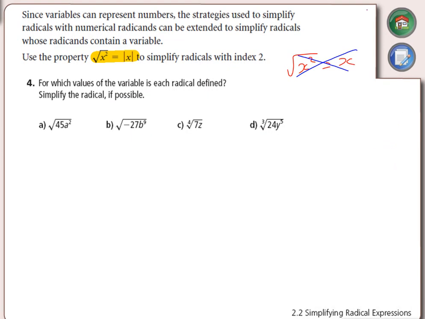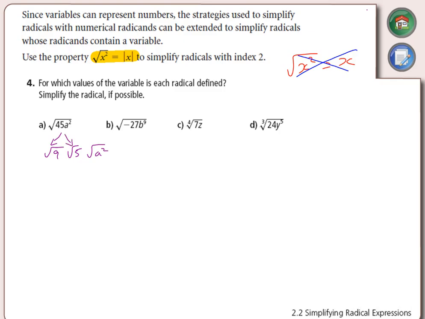With that said, let's work it through here now. We've got the square root of 45a squared. This is only going to happen when we've got square rooting, or an even root, and an even exponent. So 45, we can take that down. 45 breaks up into the square root of 9, the square root of 5, and the square root of a squared.